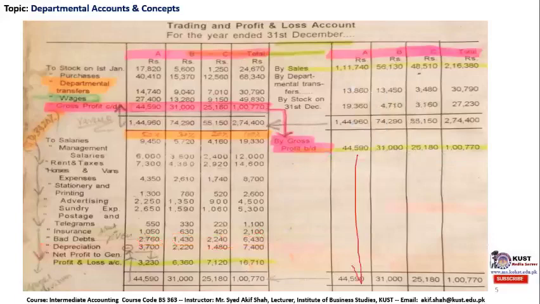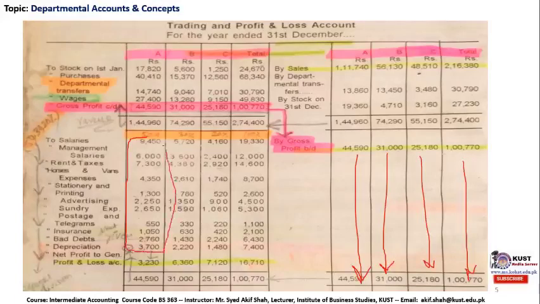What we have to do is bring down this value to the final column as mentioned in the question, and then sum up all these expenses for the first department. Subtract the expenses from the gross profit of each department. Gross profit minus all expenses will give you the net profit for each department.